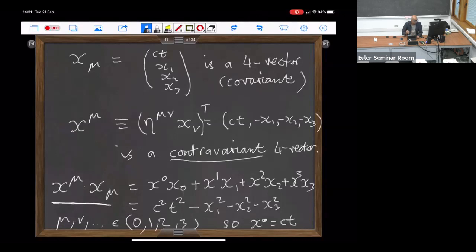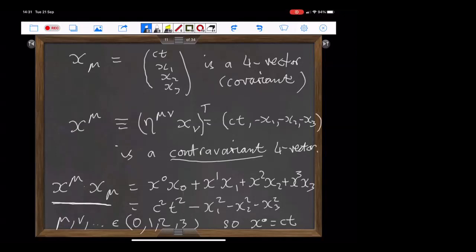Can you briefly explain the origin of the name covariant and contravariant vector? Well, there's a mathematical description which you may not find satisfying. If you think of these as vectors on the space-time manifold, one of them is a section of the tangent bundle and one of them is a section of the cotangent bundle.